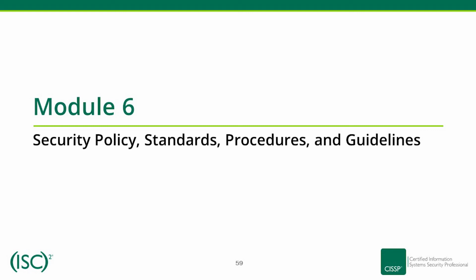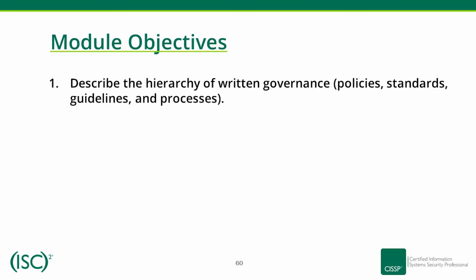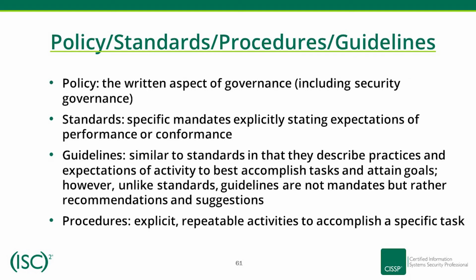Module 6. Security policy, standards, procedures and guidelines. Module objectives: 1. Describe the hierarchy of written governance, policies, standards, guidelines and processes. Policy: the written aspect of governance, including security governance.